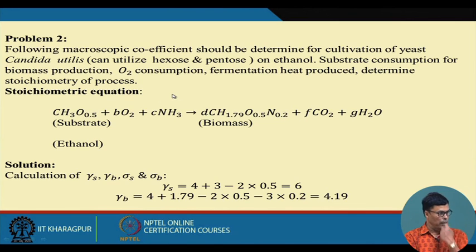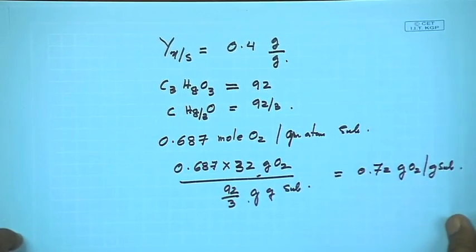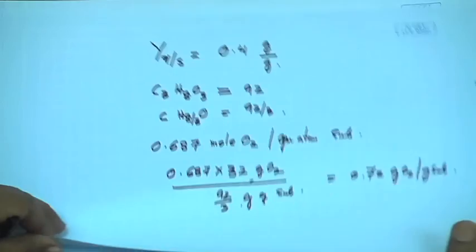These are the different parameters you have to determine, and as I pointed out before, whenever we want to solve any stoichiometry problem, we should first have some idea about the process, otherwise we cannot solve the problem.